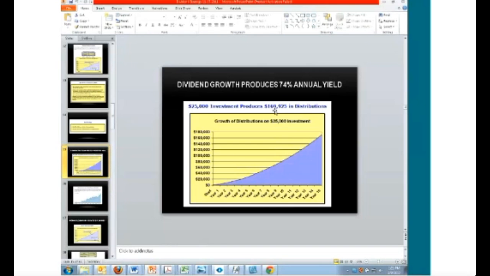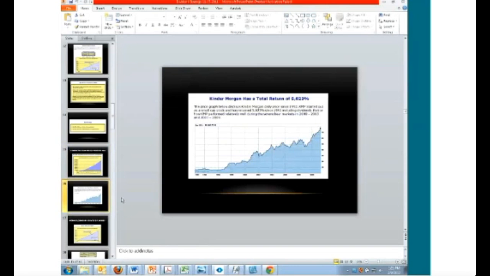So this cash distribution would have been much higher if we were reinvesting these dividends over that 15-year period. It'd be considerably higher. But just looking at a simple $25,000 investment 15 years ago, you would have received over $169,000 in cash distributions.